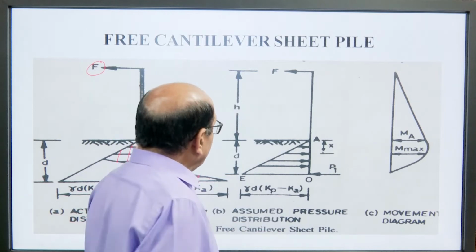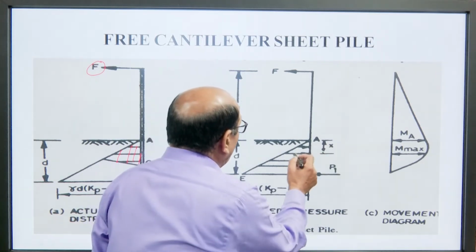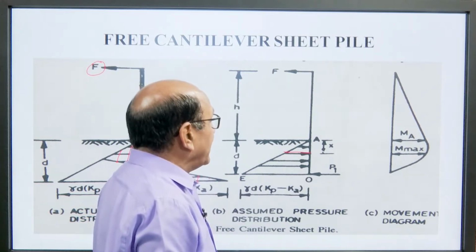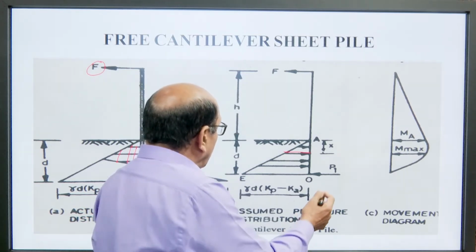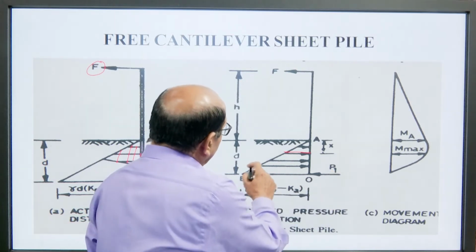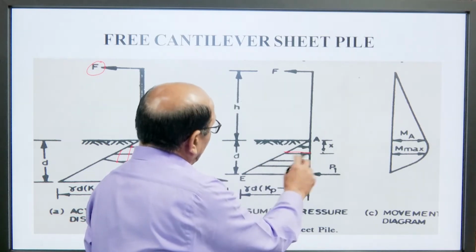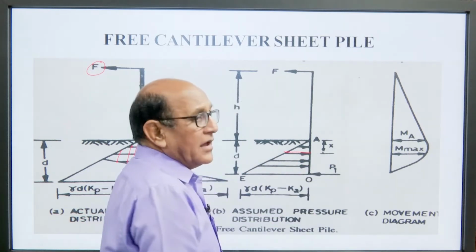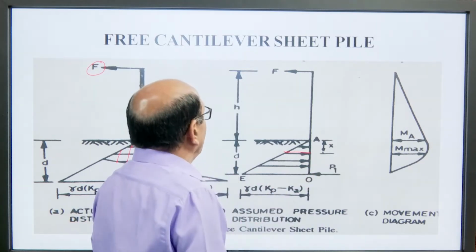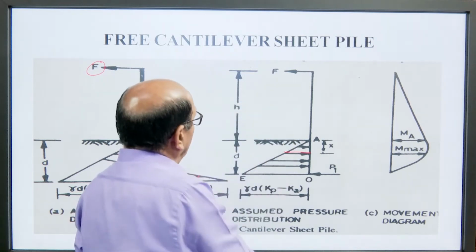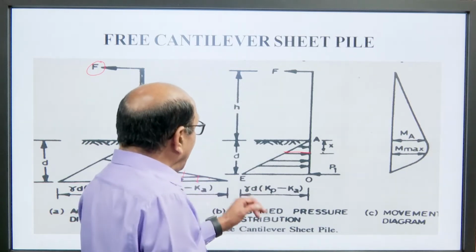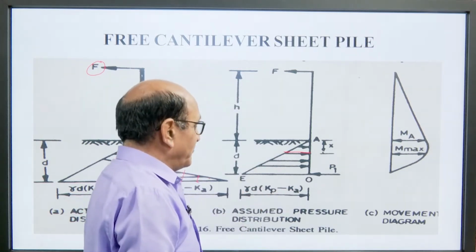Here, this is the point x from the dredge level. So, pressure is acting towards this side and the passive forces are acting against the pressure acting to this side. F is the force acting towards the dredge line. Here the value is gamma d K p minus K a.